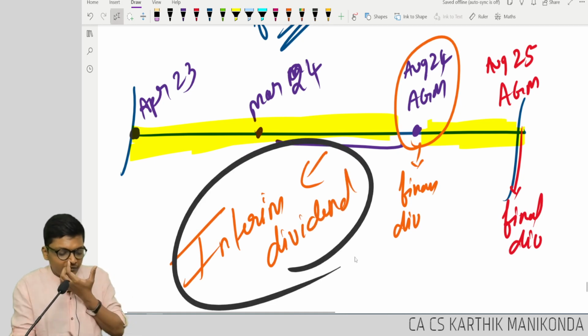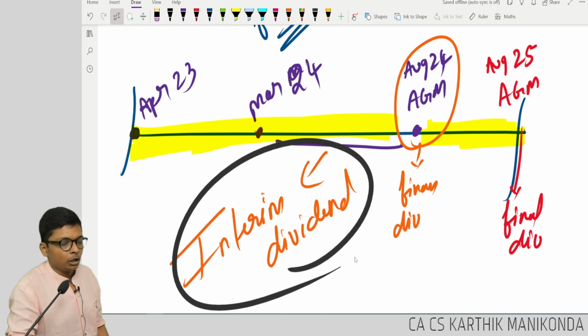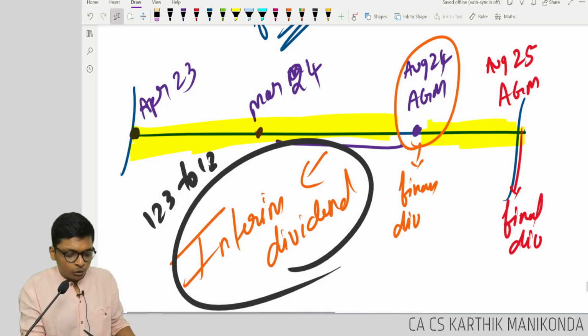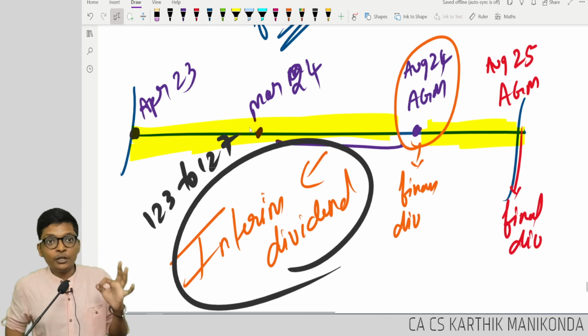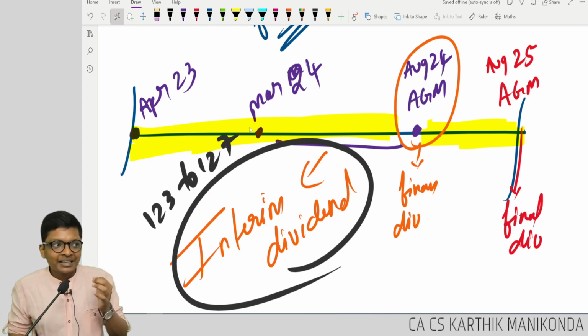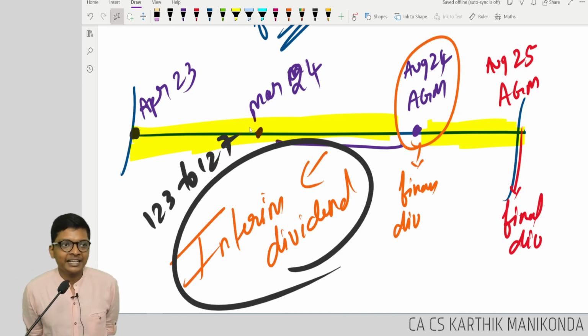So far what we discussed, 123, 124, 125, 126, 127 is applicable for final dividend and interim dividend. The law says fully all the sections 123 to 127, whatever you studied for final dividend is equally applicable for interim dividend. Are you following, guys? Are you all understanding? Hello?